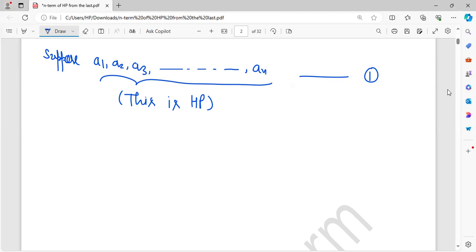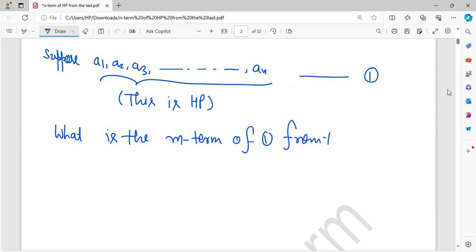So we have to find the mth term. The question is: what is the mth term of HP 1 from the last? From the last. It means from the end.